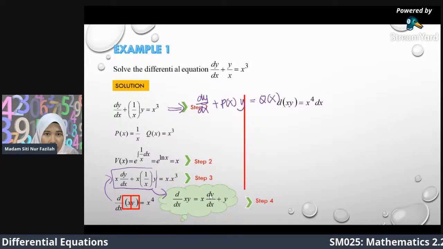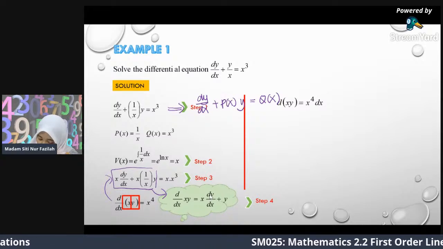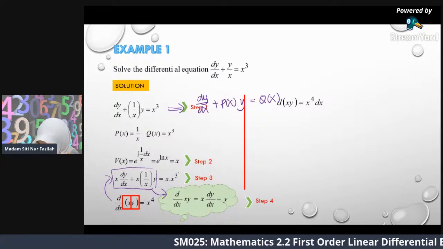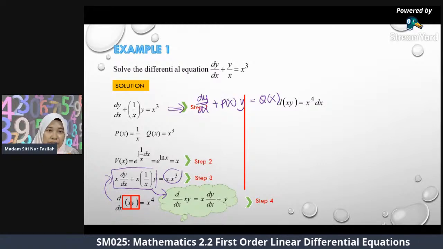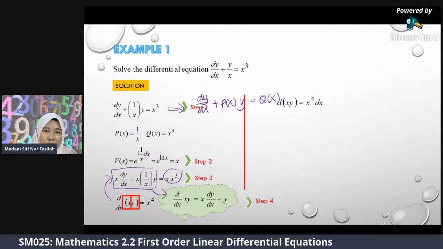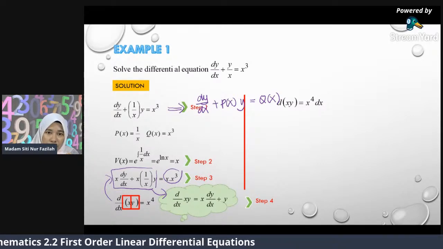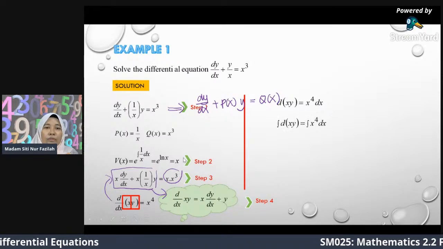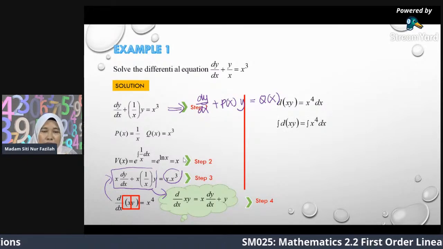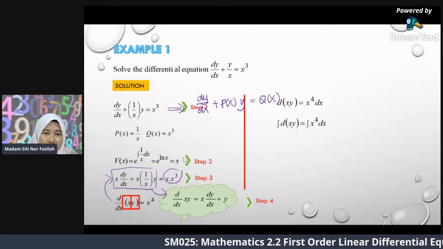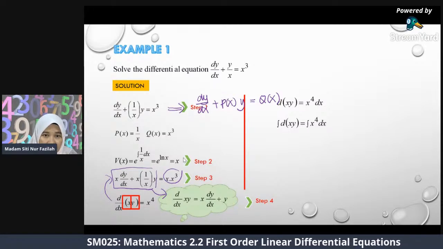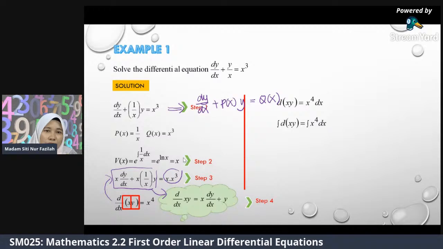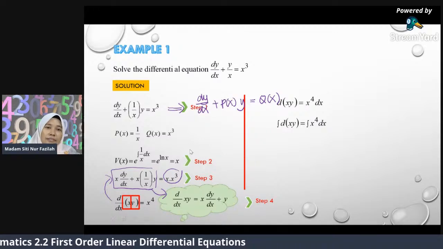It is x to the power of 4 because x is multiplied with x to the power of 3. Then we integrate both sides. As step 5, we integrate d of xy equal to the integral of x to the power of 4 dx.